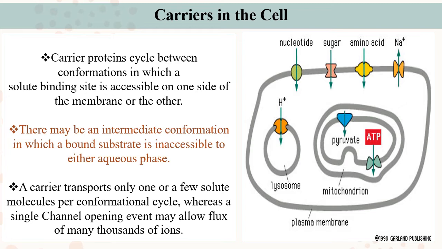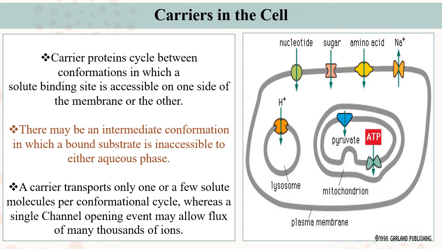So these carrier proteins cycle between conformations in which a solute binding site is accessible on one side of the membrane or the other side. There may be an intermediate conformation in which a bound substrate is inaccessible to either aqueous phase.